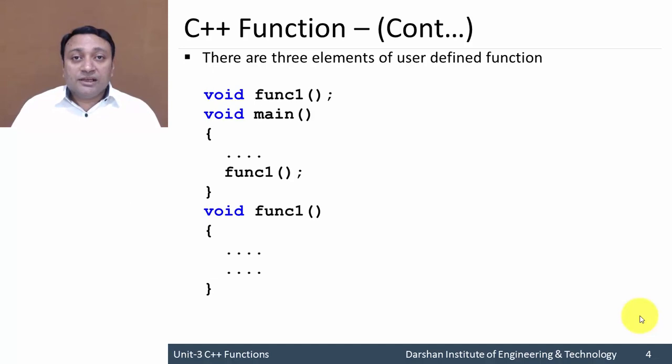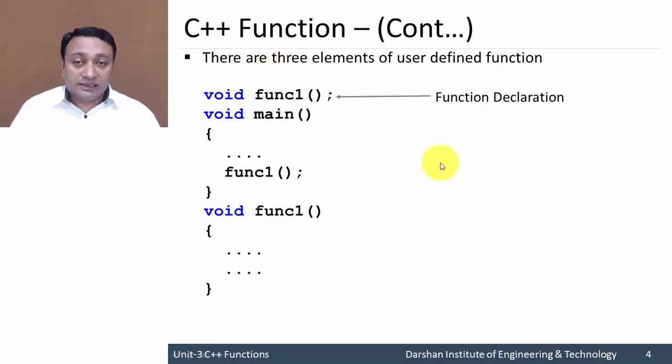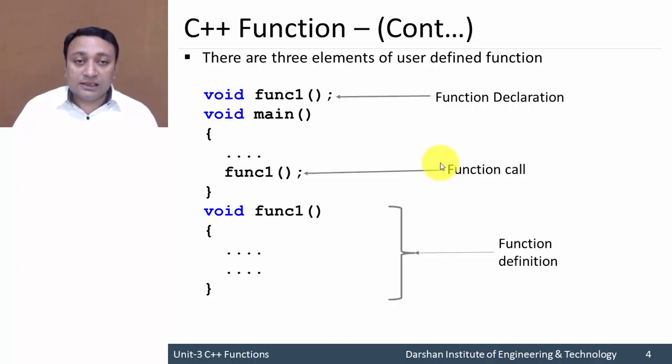If you use any variable, let's say a, in your program, before using it you need to declare it. Same way, if I use a function in a program, I need to declare it first. Okay, so C++ functions have three elements: function declaration, function call and function definition.